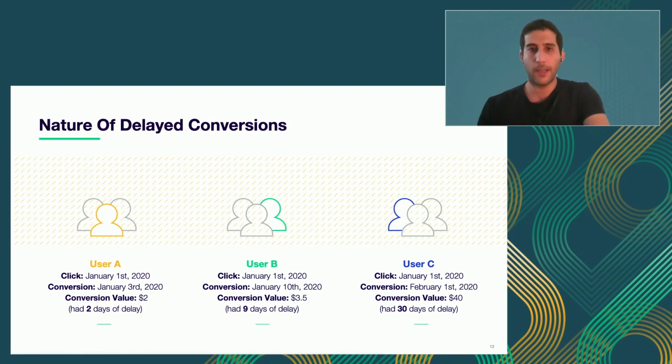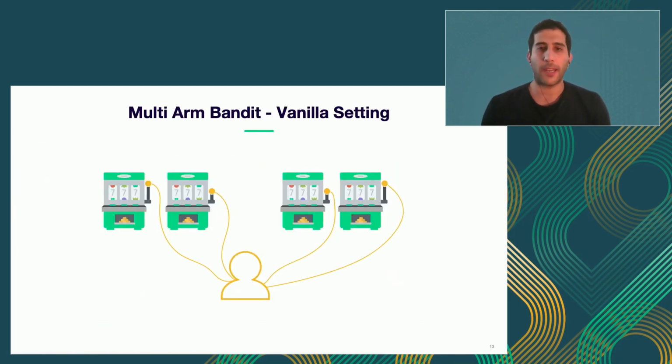Cool. So now we can actually try to think about it in an algorithmic way. We are looking at this as the multi-arm bandit problem. The multi-arm bandit problem is when you are in a casino and you have several slots and you want to pull the lever of the slot that will maximize your revenue.